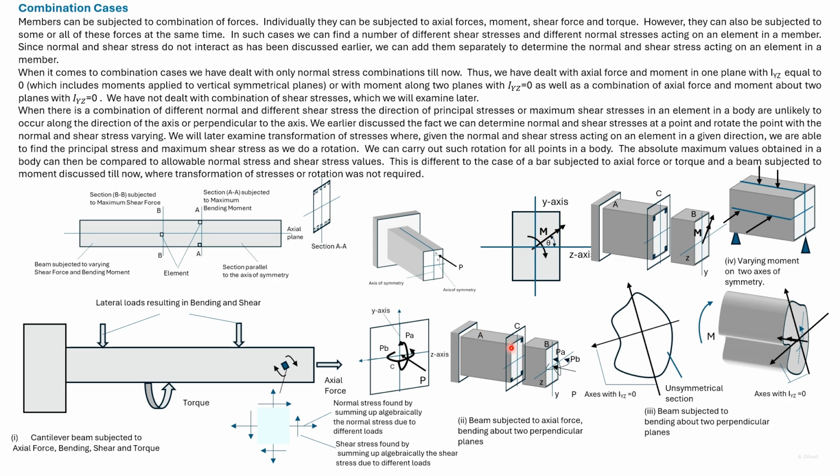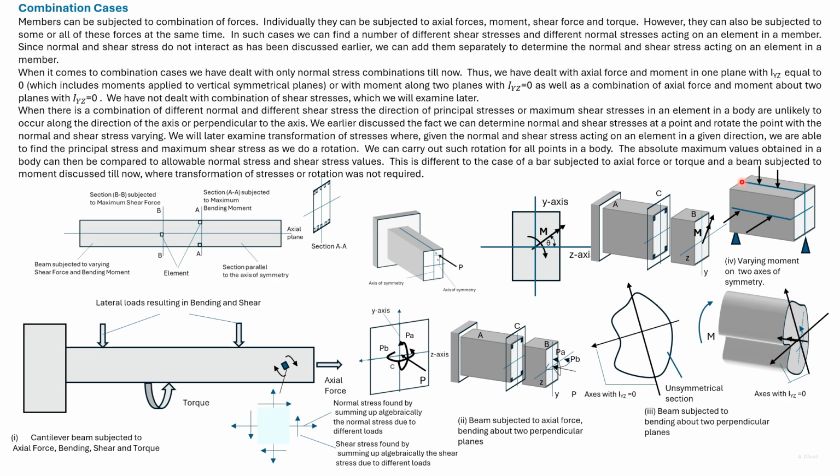Consider this case. If we take a section, say somewhere here, then the same corner point will be subjected to maximum tensile and compressive stress, and the magnitude will be the same. In contrast, in this case, there's only one section which has the absolute maximum stress, though the points are all along the width.